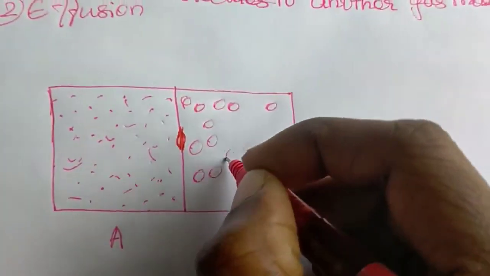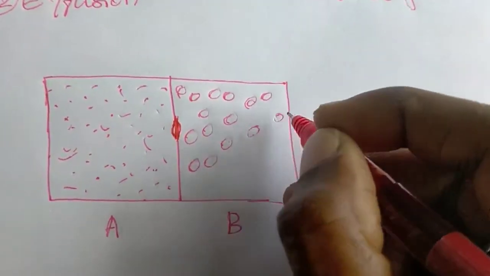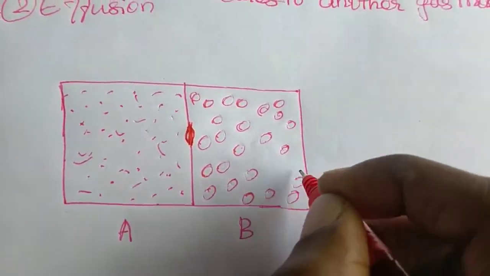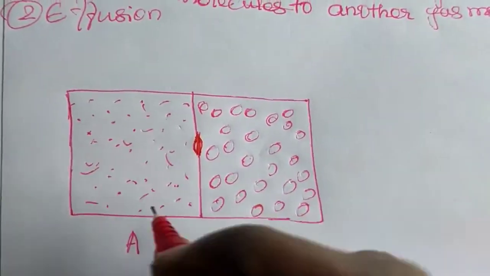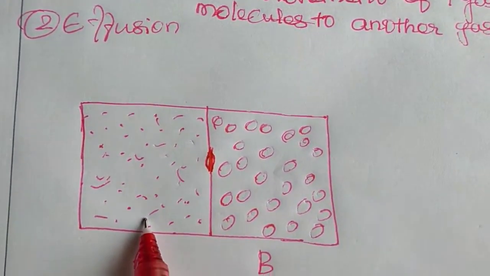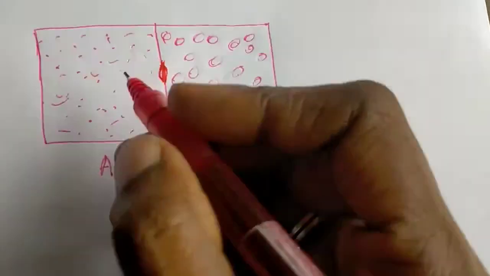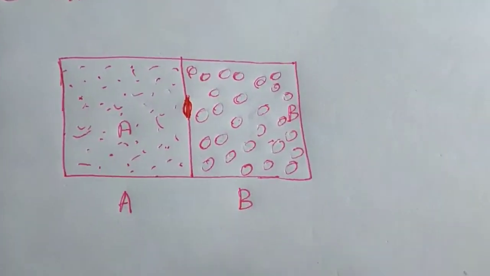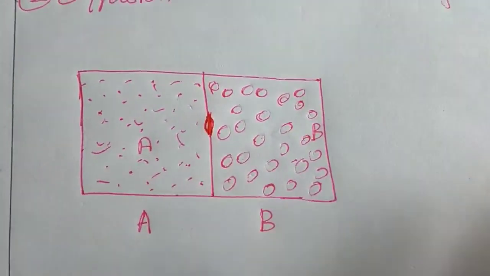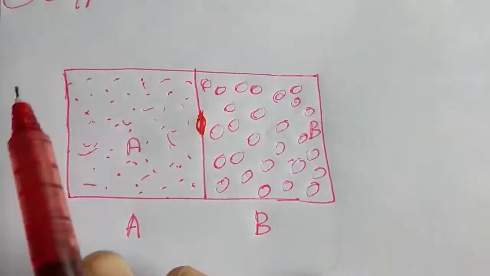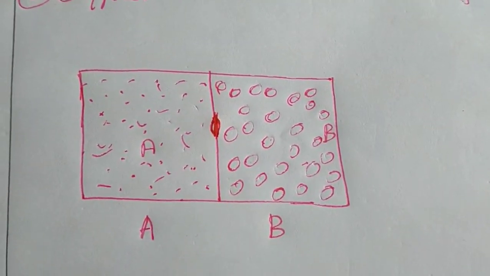The same molecule is not filled in the two parts, but different gas molecules are filled in these two parts. This is gas A and this is gas B. We named the gas in the first part and the second part in the same system like this.